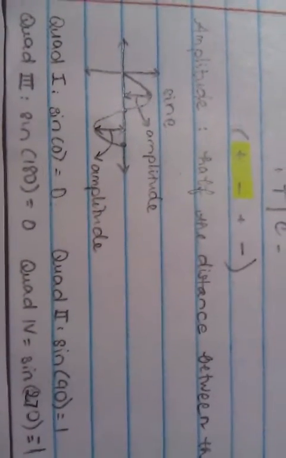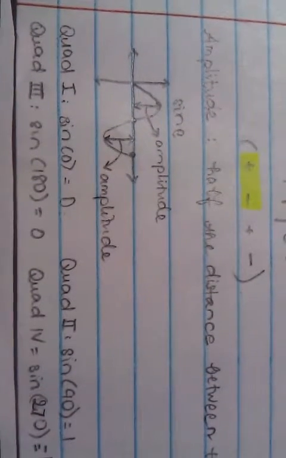Or to be more specific and easier to understand, sine and cosine have an amplitude of 1 because the graph goes 1 unit up and 1 unit down from the middle of the graph. For example, sine.